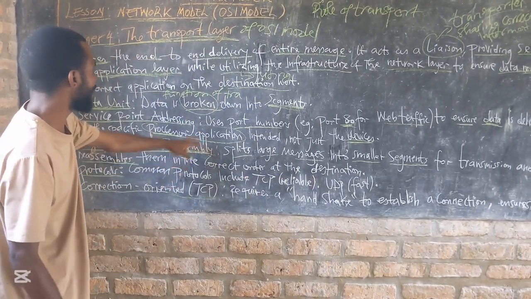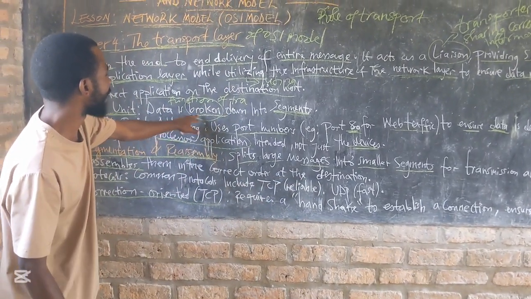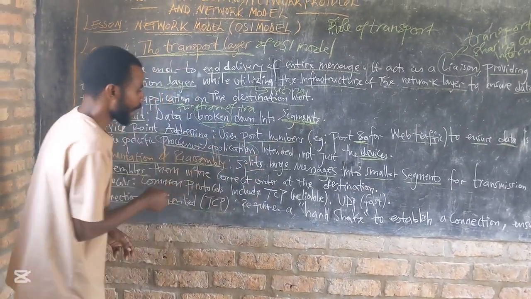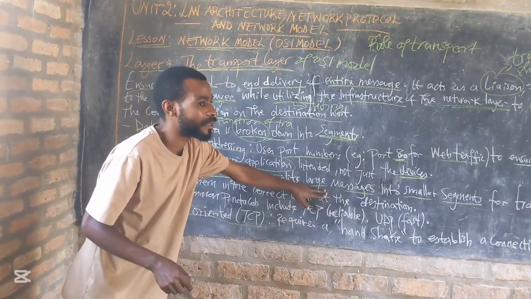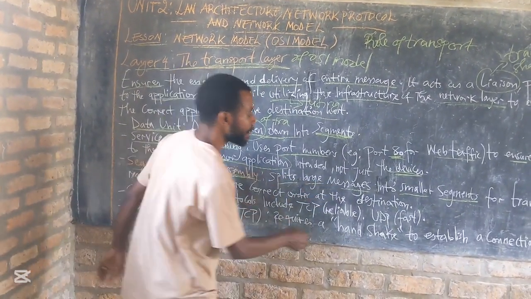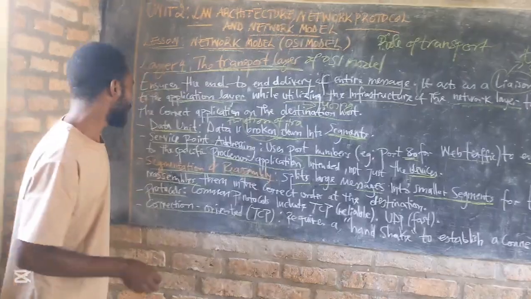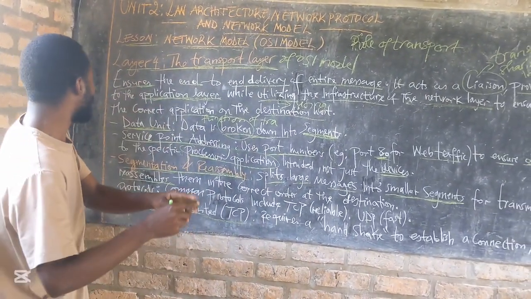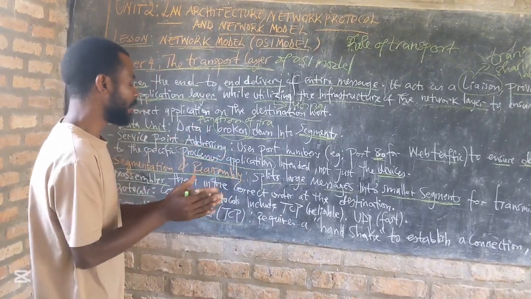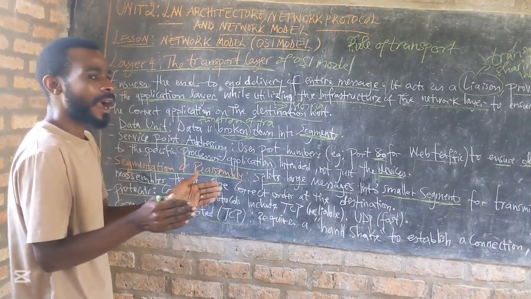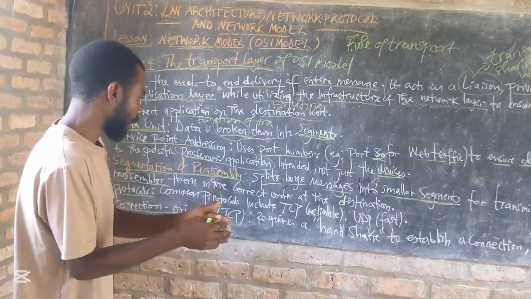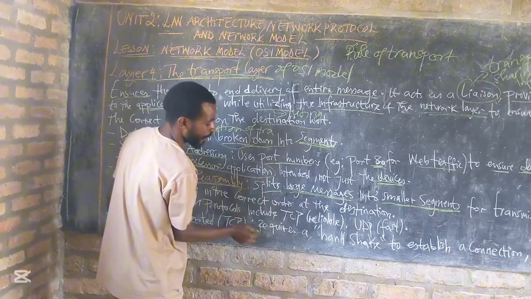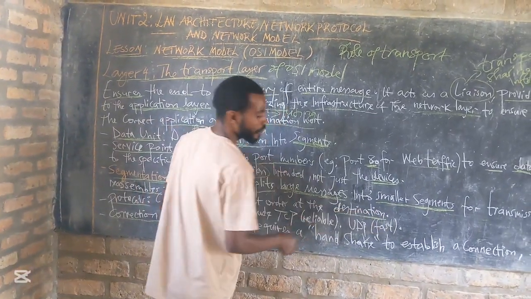Remember, here we are saying the data are taken and broken or divided into segments. We take that message and divide it into small segments, and then after it reaches the receiver, those small segments are taken, connected together, and converted back into a large message in order to reach the destination.